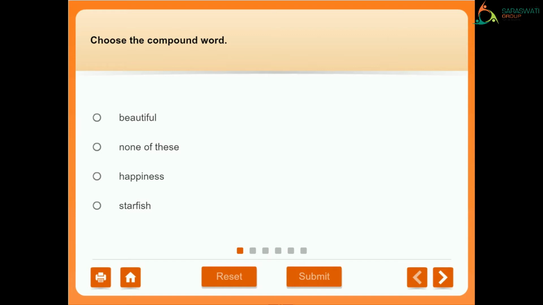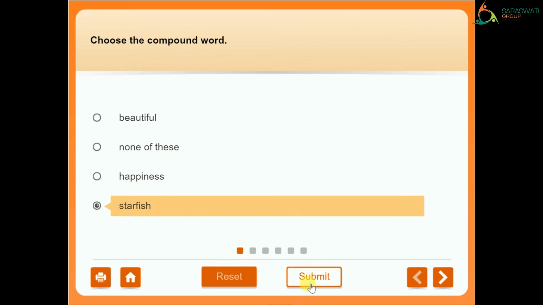So I guess it is starfish. Now let me check whether my guess is correct or not. For that I will have to submit. Oh yes, green means correct. So star and fish are the two words which make one compound word, that is starfish. Let us proceed further.